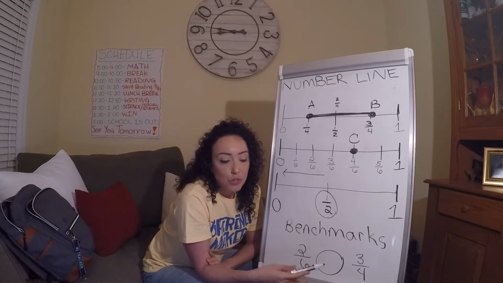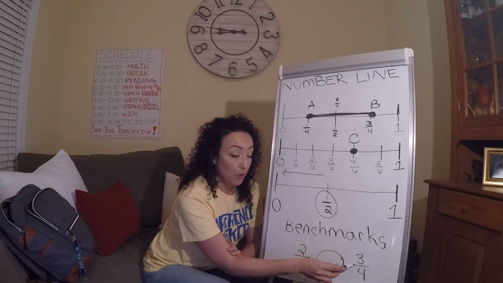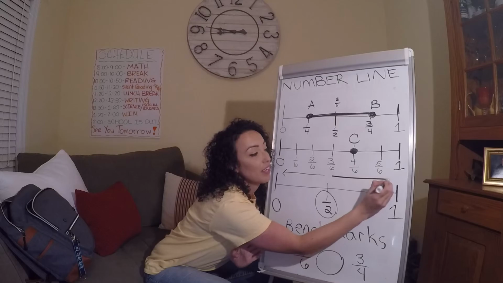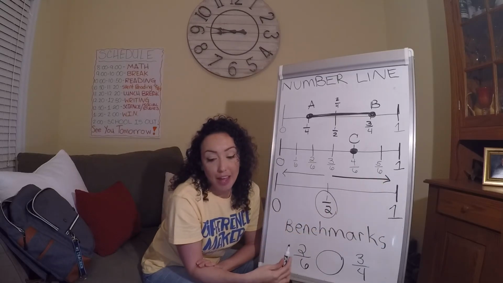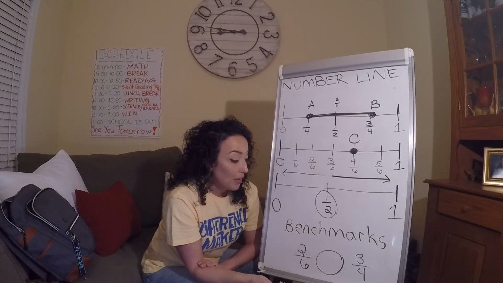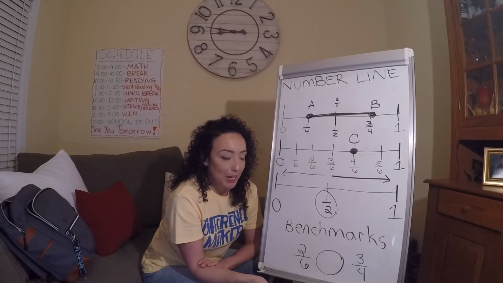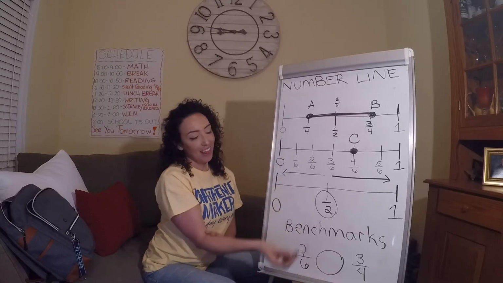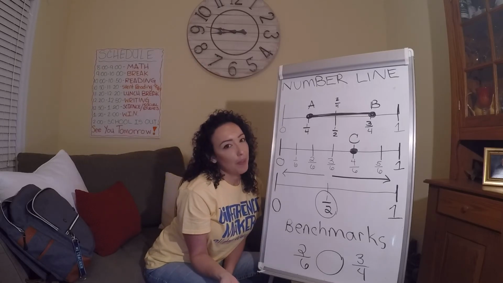So 2/4 is equivalent to 1/2, and I have more than 2/4. Therefore, I know that this fraction is going to be on the right side of the half. With all that being said, I have a pretty good idea of which fraction is bigger. But luckily, I can go back to a problem that I've already done and plot them on that number line.